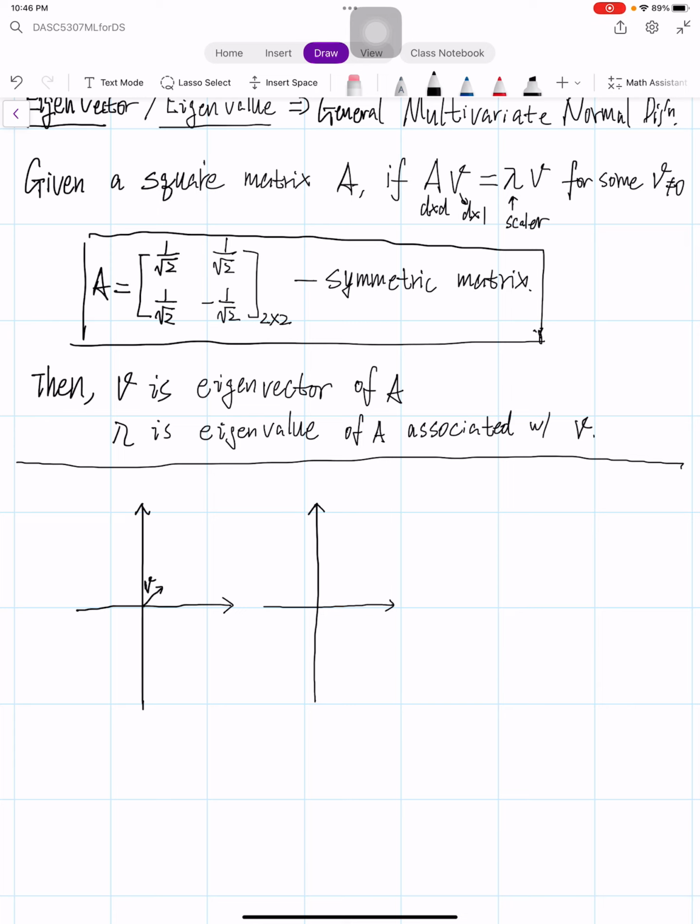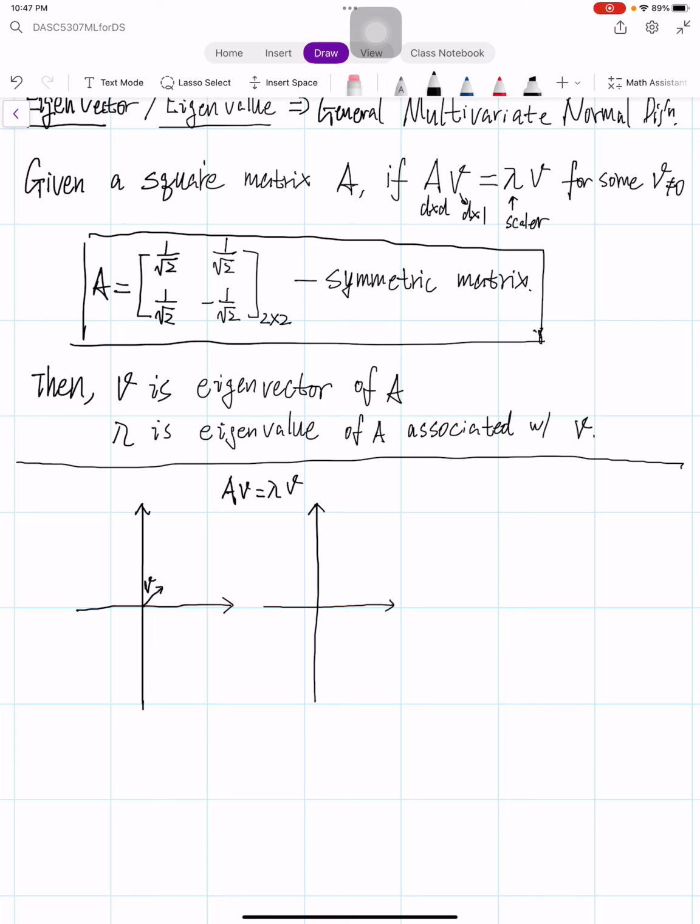So A times nu usually manipulates the original vector nu by rotation or by some stretch. But since this is an eigenvector, it is a very special case. This means A times nu just equals lambda times nu.